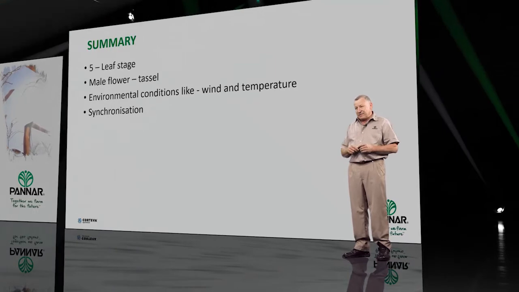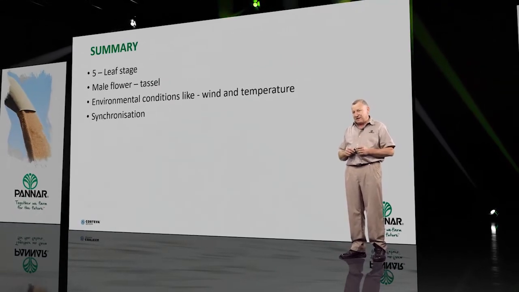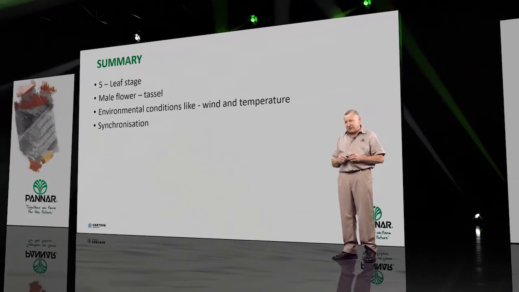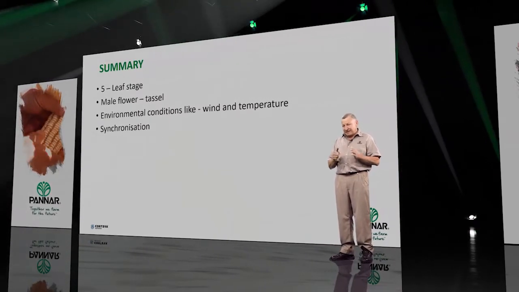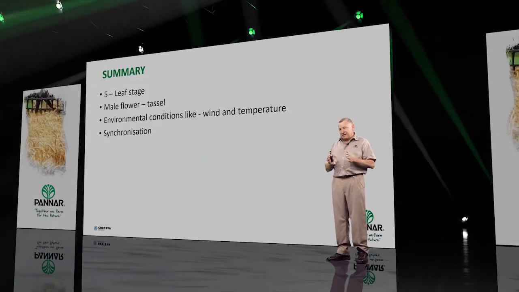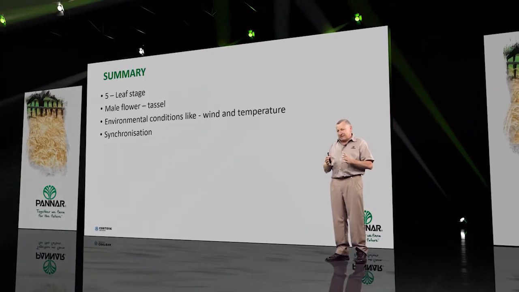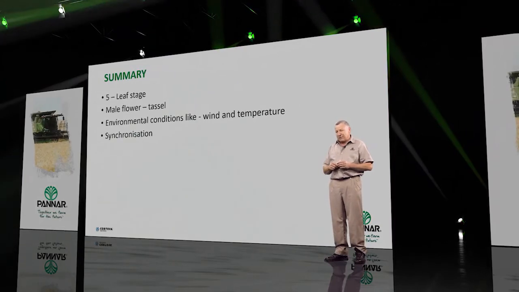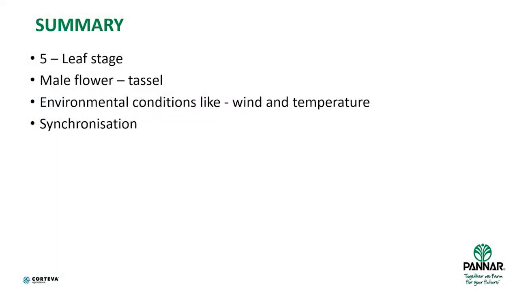I want to sum up this section. I said that already during the 5-leaf stage the tassel and the cob are determined in the plant, and the 5-leaf stage is very important for the yield that you are going to harvest in the end. The male flower is the tassel, and you will see it on top of the maize plant, with an abundant amount of pollen inside.